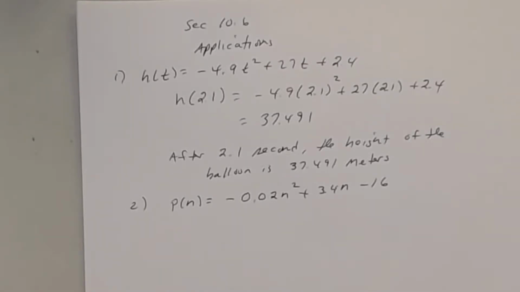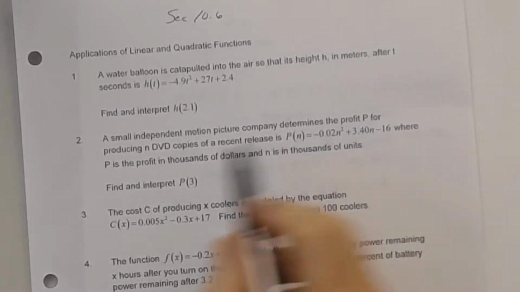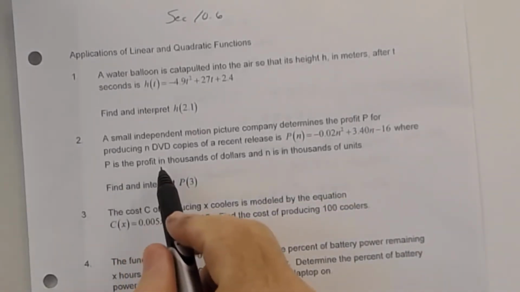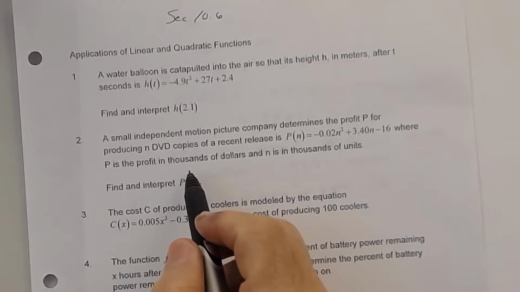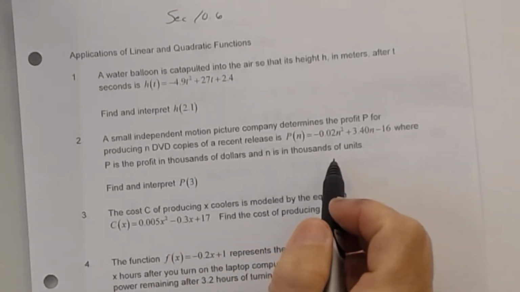This time they want you to find and interpret P of 3. Now I didn't finish reading the problem, but here's what the rest says. P is the profit, and it's in thousands of dollars, and N is in thousands of units.